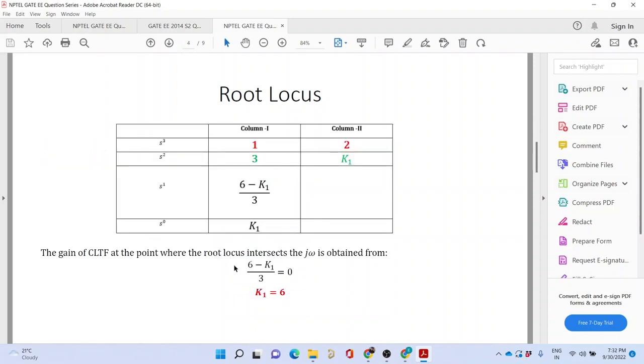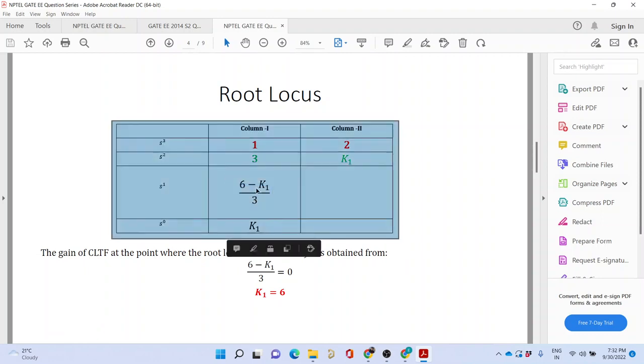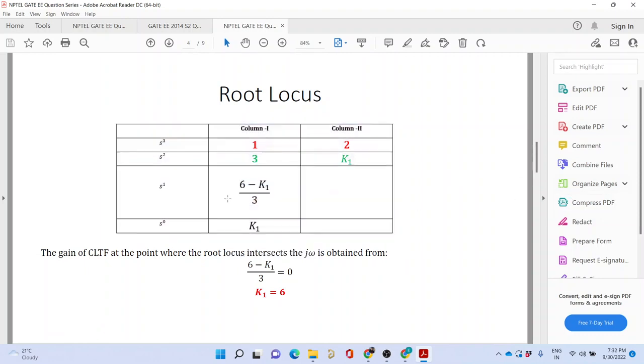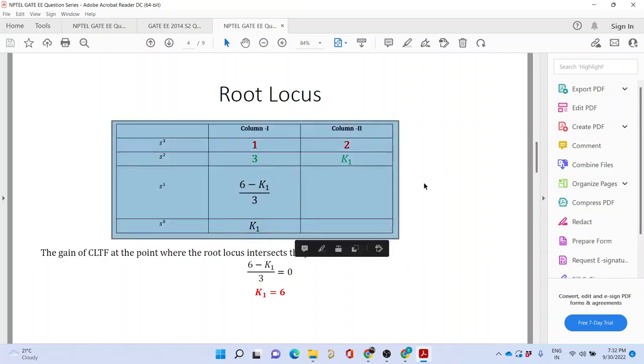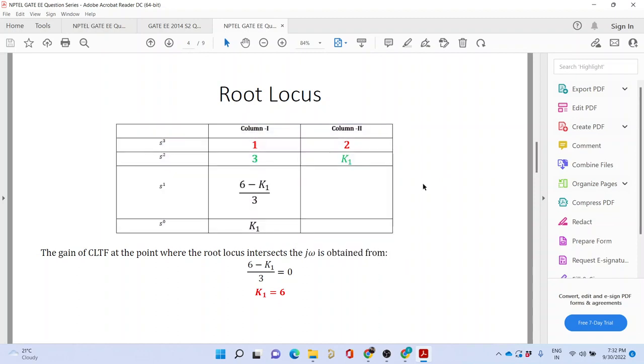That is what I have done in this slide. When k1 equals 6, this element goes to 0, and I know that there are two poles on the imaginary axis. To find the poles, you have to solve the auxiliary equation 3s squared plus k1 equal to 0, where k1 is 6.